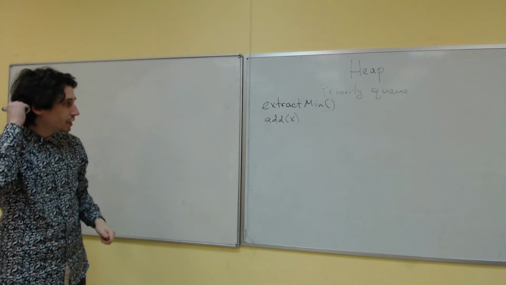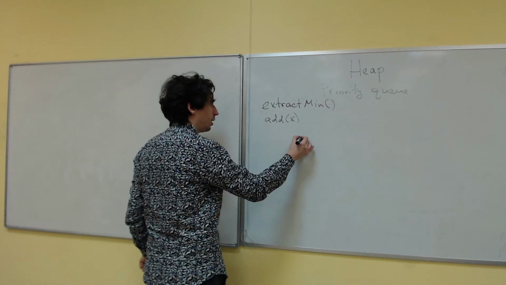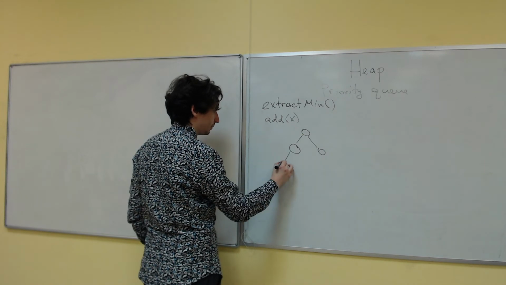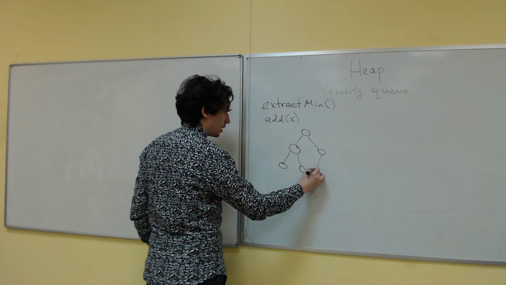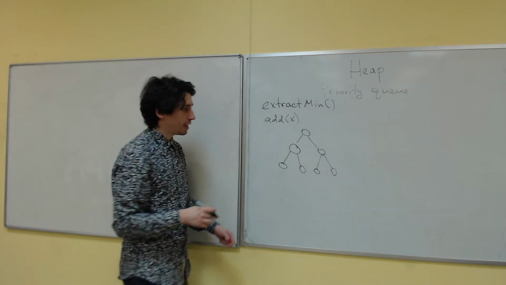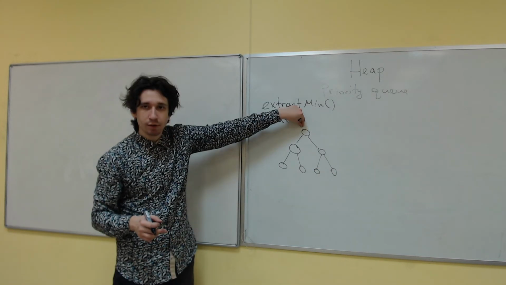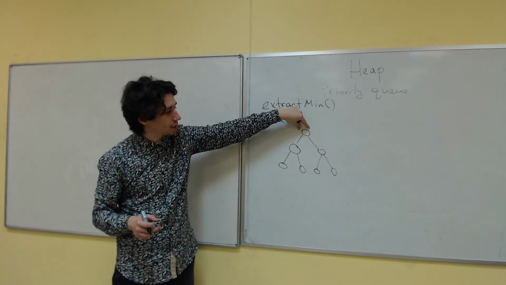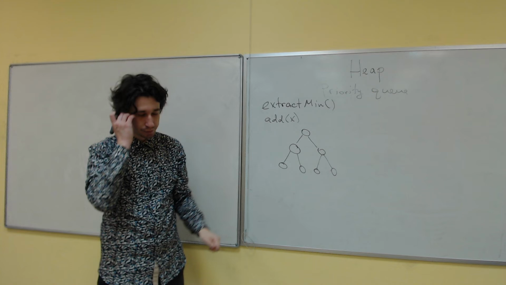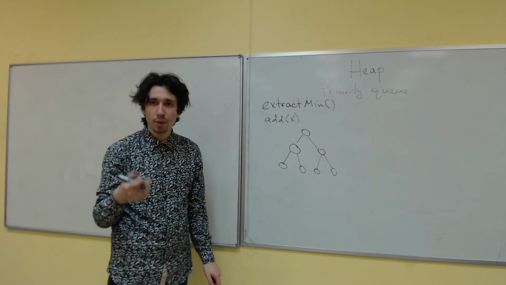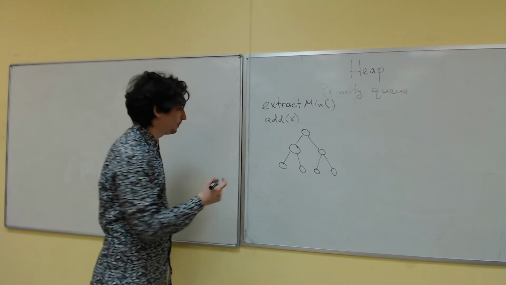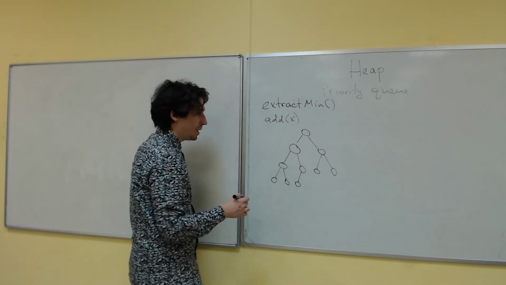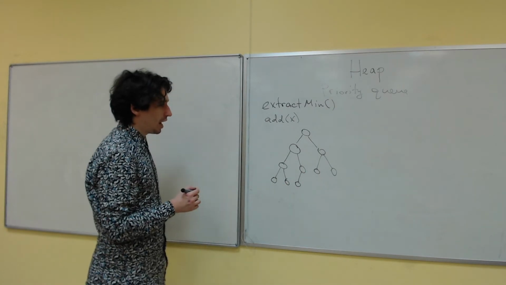The main idea is that we will store the whole data structure as a binary tree. A binary tree is a rooted tree such that each vertex has two children. And we will say that we have a complete binary tree. This means that we are adding elements one by one.